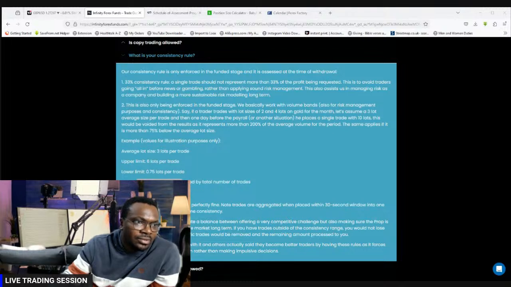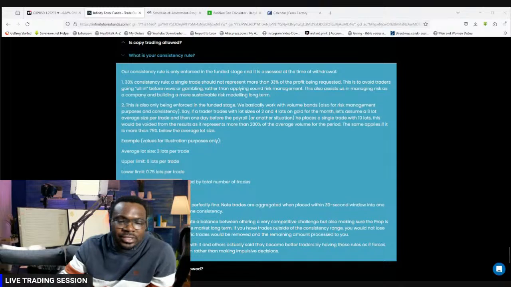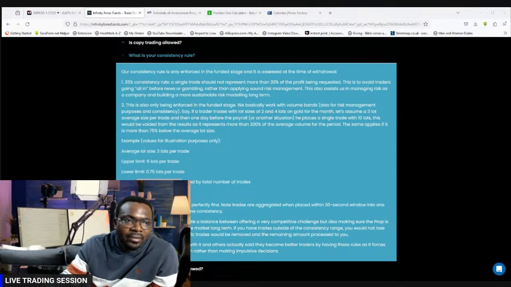Let's say you had about 60 trades. This will be 0.16. Now you have to calculate the upper range and the lower range. The upper range is times 2. That means anything higher than 0.33 lot size, they will not pay you.